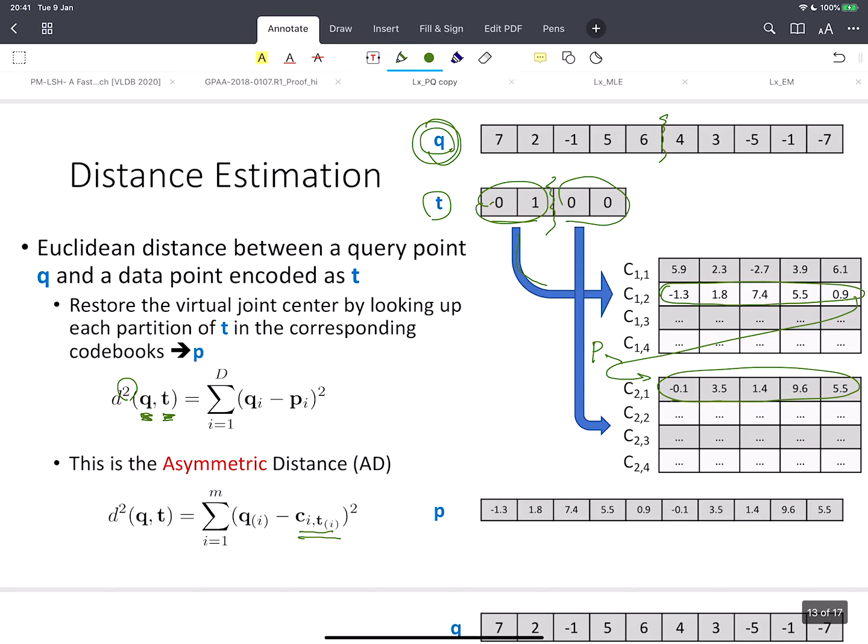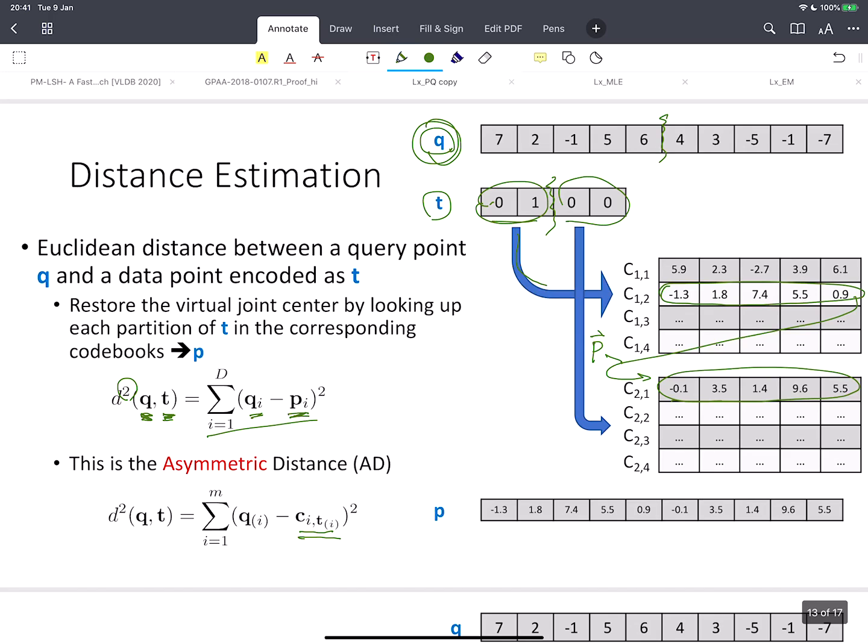Here you try to compose this vector p, and q is a d-dimensional real vector, and p is also a d-dimensional real vector. But each part is one of the code words in the corresponding code book. Then you do the normal L2 distance calculation.